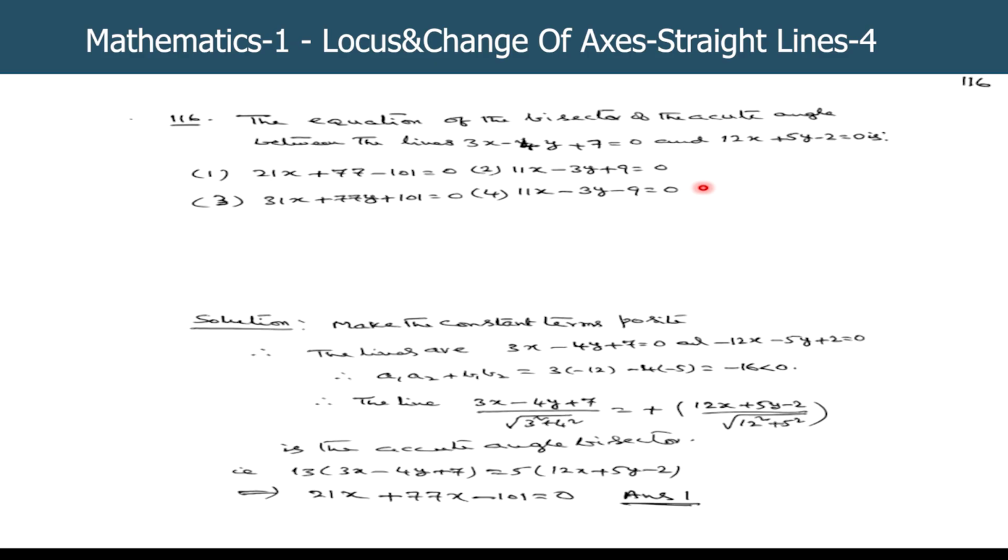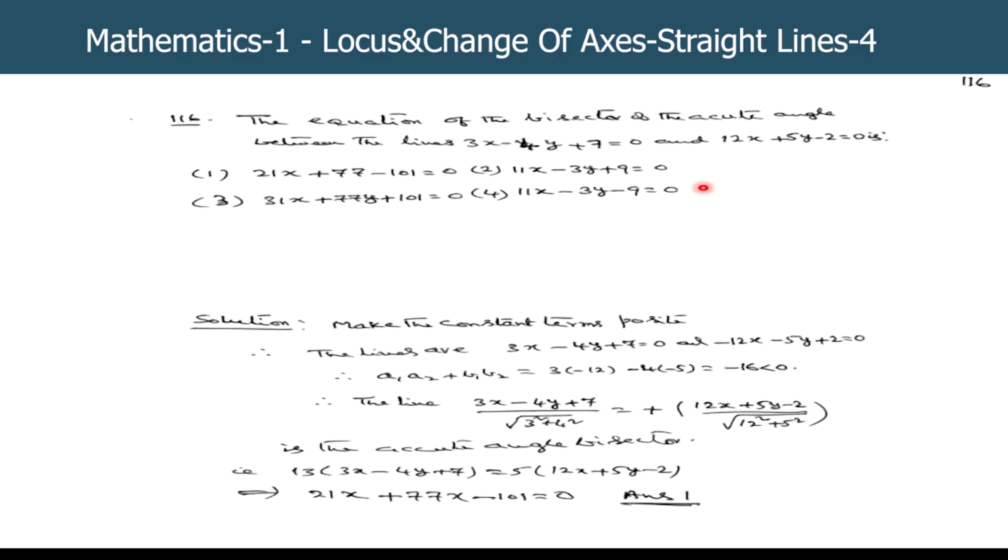The other way, the simplest way, is very simple. Make the constant terms in both equations positive, and write the bisector equation, taking the plus sign. That is always the acute angle bisector. Understand?